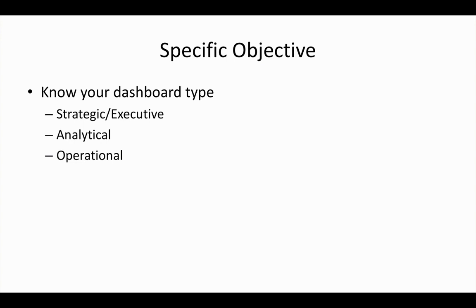We'll talk about those things, and some of the dashboards fit in between these categories. But in general, the dashboard types have to do with the level of detail of the information and the complexity of the kinds of decisions that can be made based upon that information.